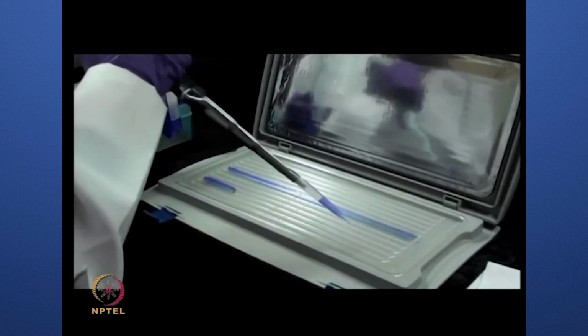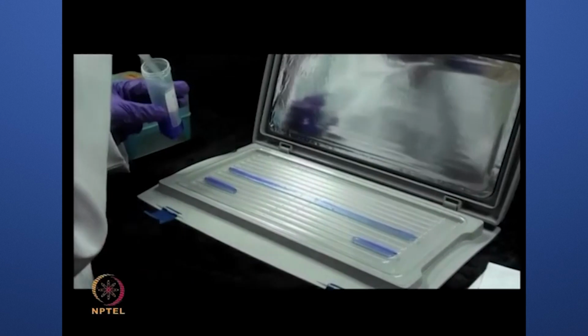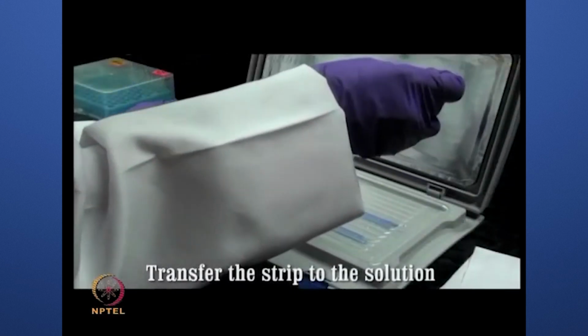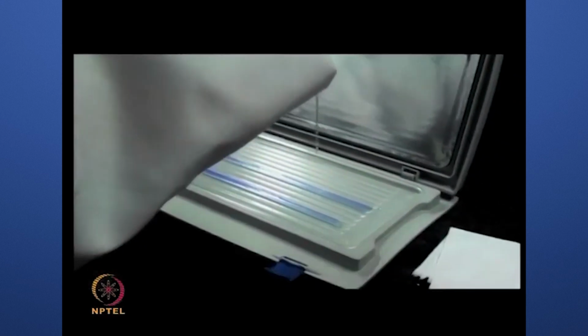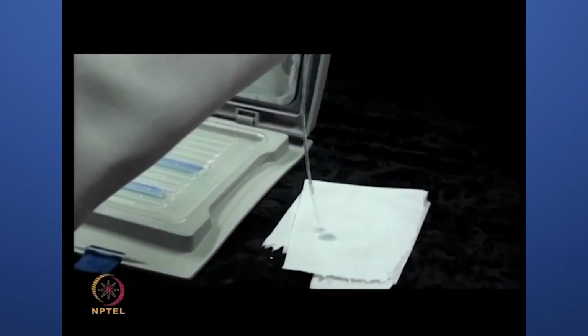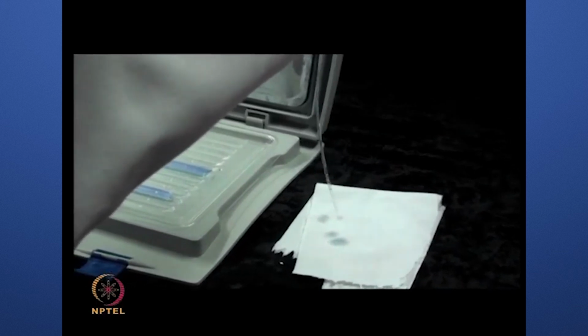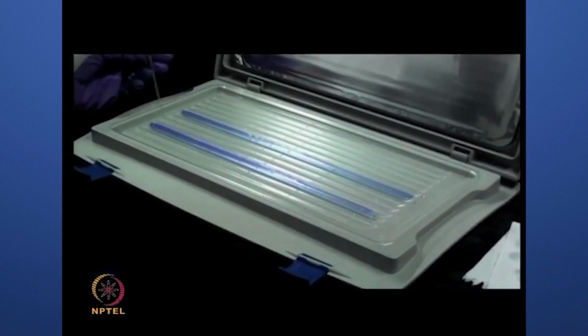Next, add the second equilibration solution to another well of the tray. This solution has the same composition as the first, except that the DTT is replaced by iodoacetamide. Transfer the IPG strip into this solution after draining off any excess liquid from the first.